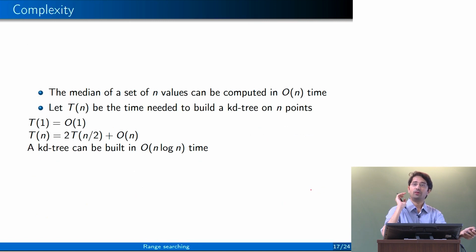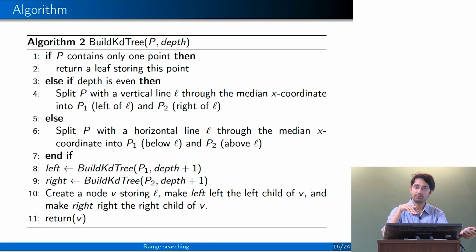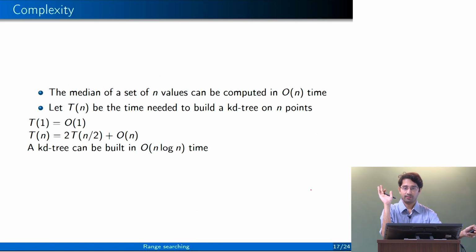So when you are not sure about something, write down the recurrence. What are we doing? This is a recursive algorithm. Finding the x median or y median, dividing into 2 parts, building the 2 trees recursively. How much time to find a median? Order n. Divides into 2 parts, n by 2, n by 2. Are the points sorted?